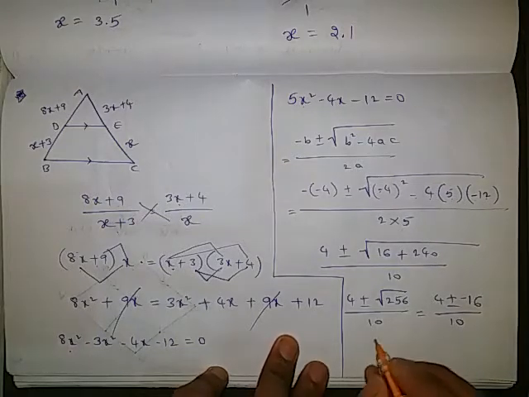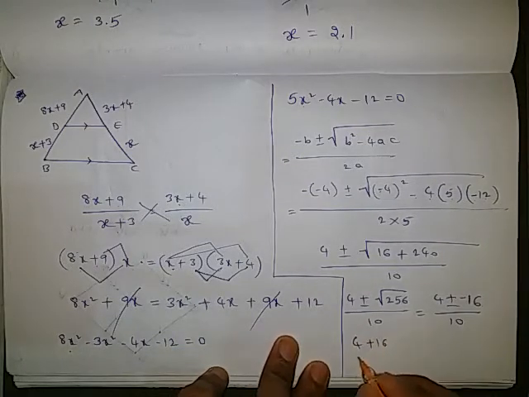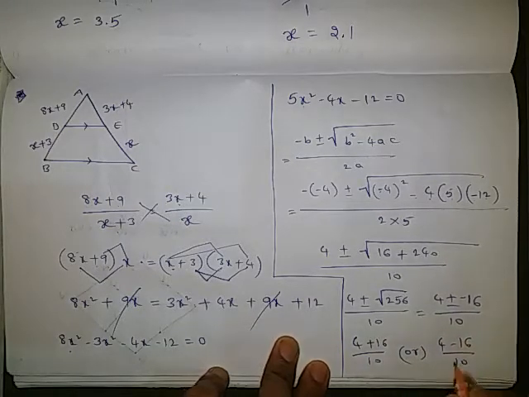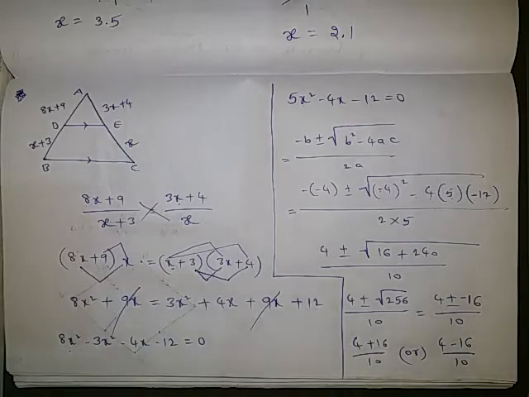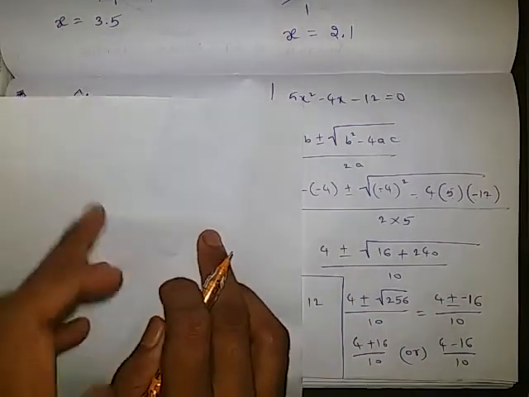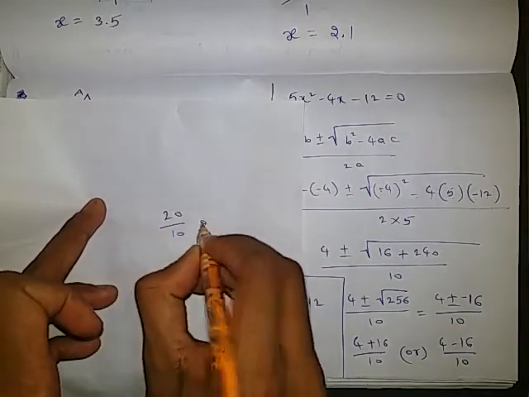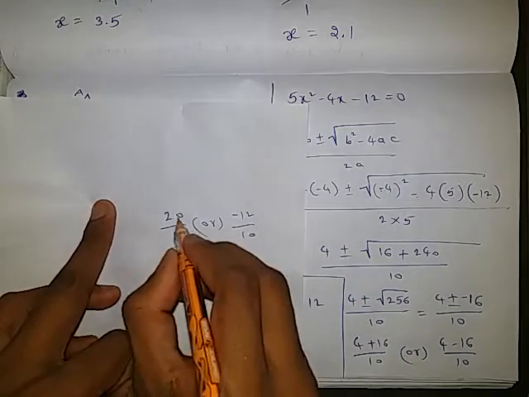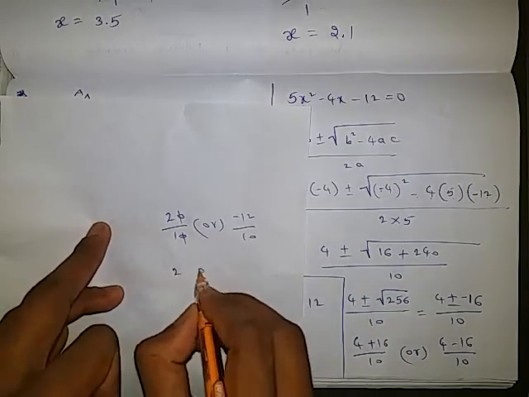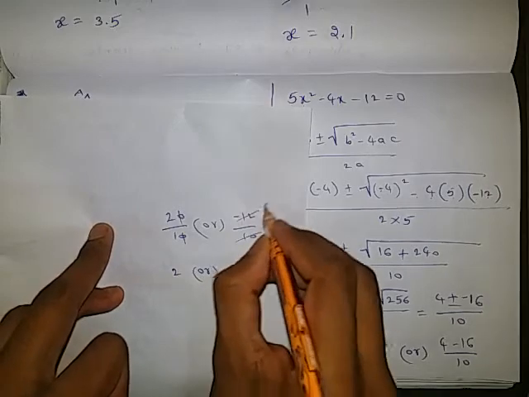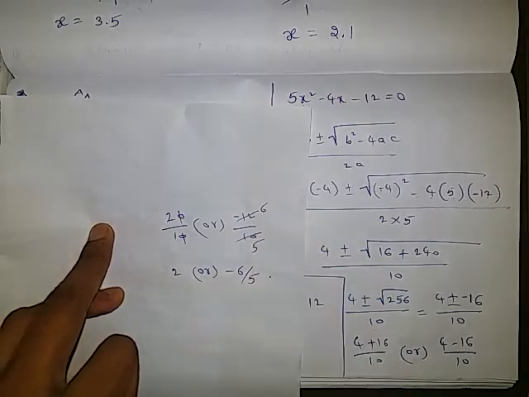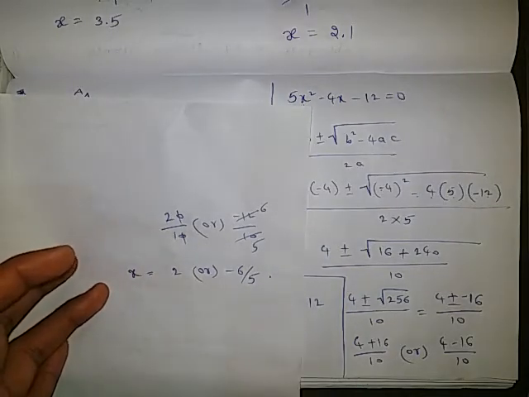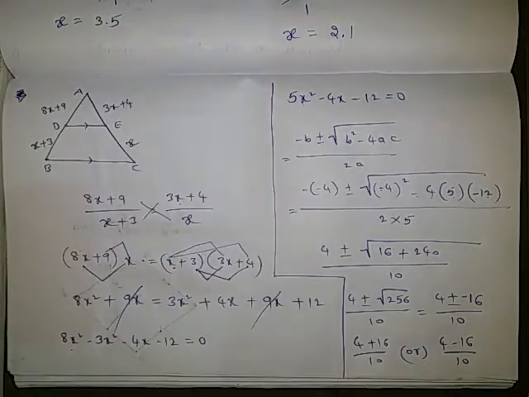Now we get 4 plus 16 by 10 or 4 minus 16 by 10. 4 plus 16 is 20 by 10, or 4 minus 16 is minus 12 by 10. Here 0 0 cancel, so we remain with 2, or 2 6s are minus 6 by 5. So x value is 2 or minus 6 by 5.